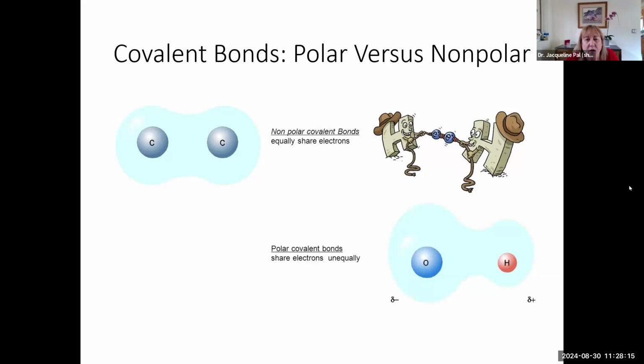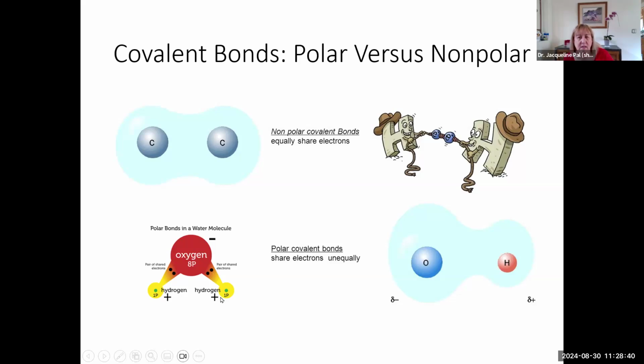On the other hand, when we look at how hydrogen and oxygen are sharing their bond, what we find out is the 2 hydrogens are not going to be at opposite poles of the oxygen. They're going to be on the same side. And so this side is going to have just a tinge of positivity, and this side of the oxygen is going to have just a tinge of negativity.